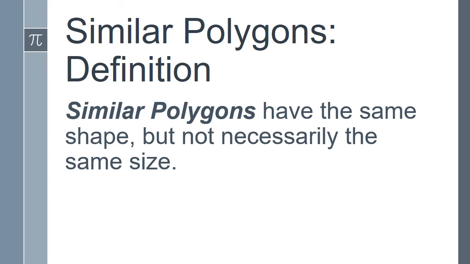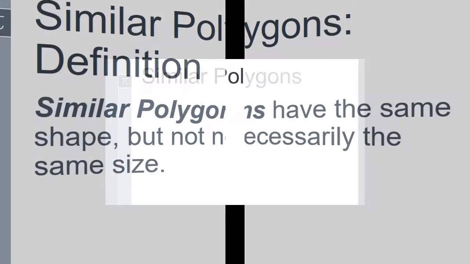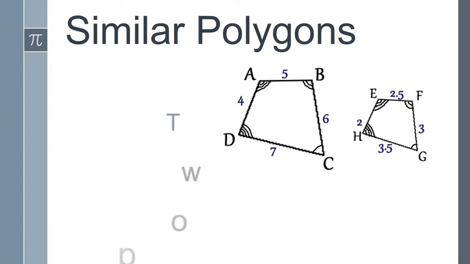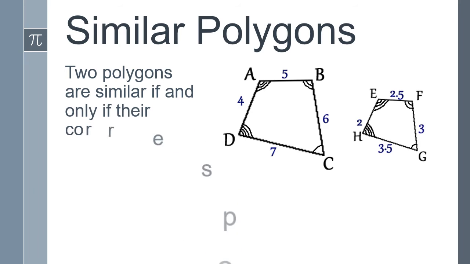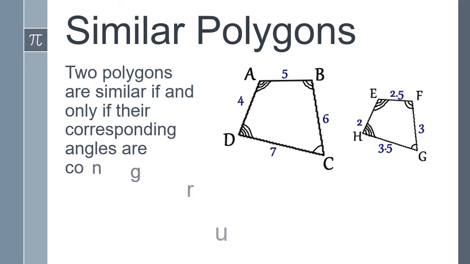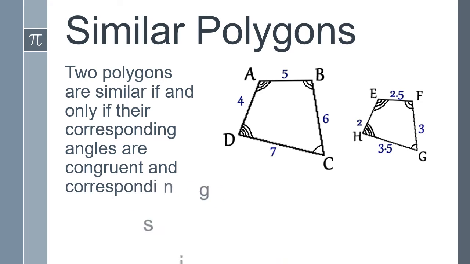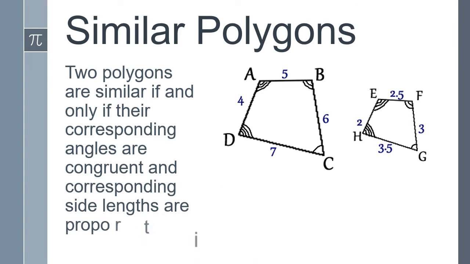They are identical in shape, but they don't have the same size. Two polygons are similar if and only if their corresponding angles are congruent and their corresponding side lengths are proportional.